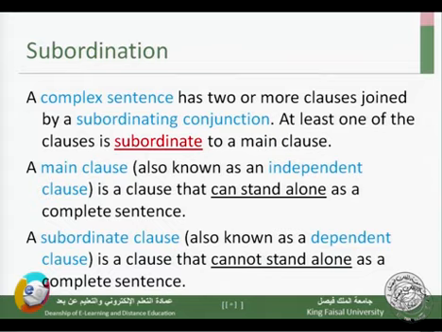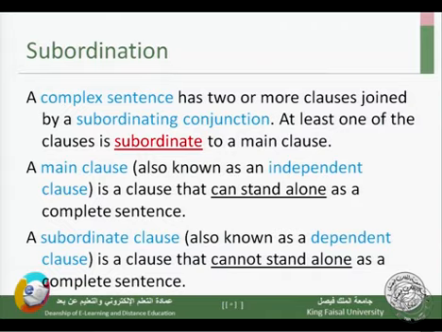So we will give the definition of main clauses. A main clause, also known as an independent clause, is a clause that can stand alone as a complete sentence. So it can function as a complete sentence on its own, independent of any other clause. It doesn't need any other clause to form a grammatical sentence.